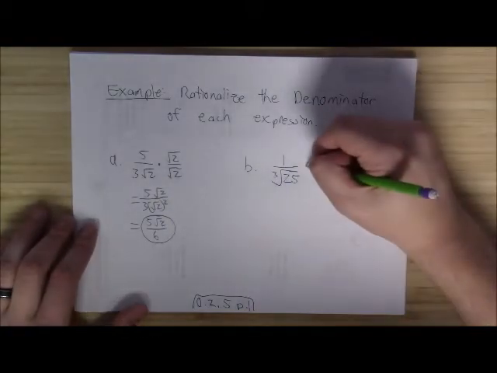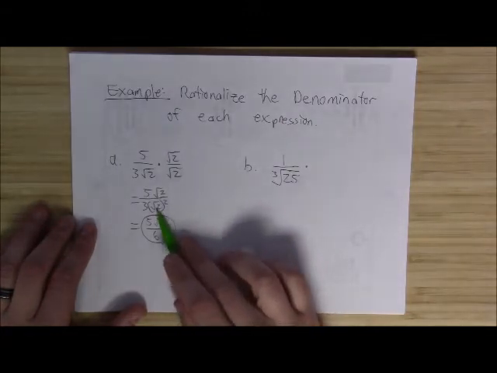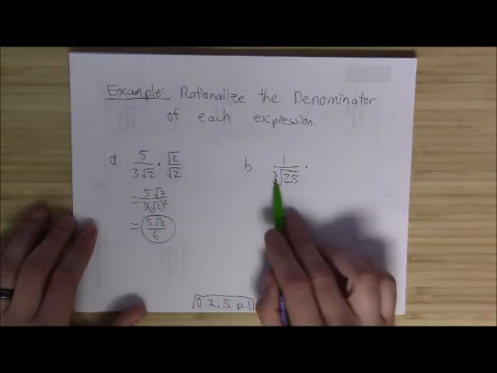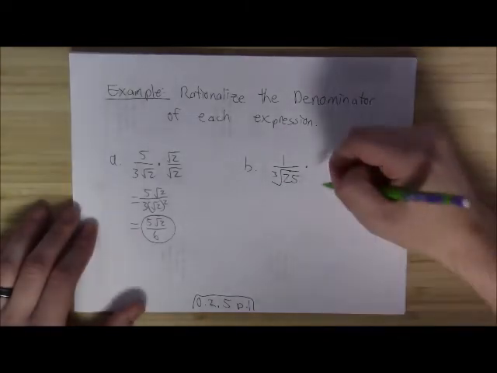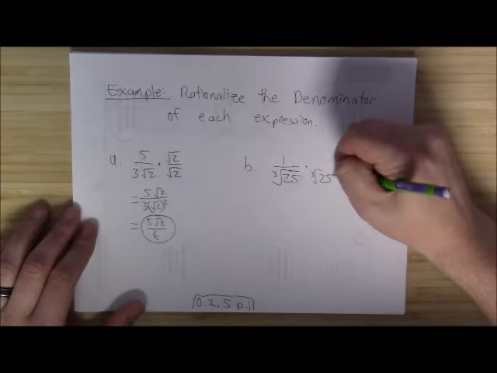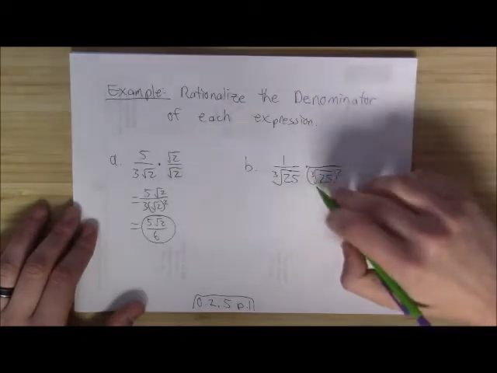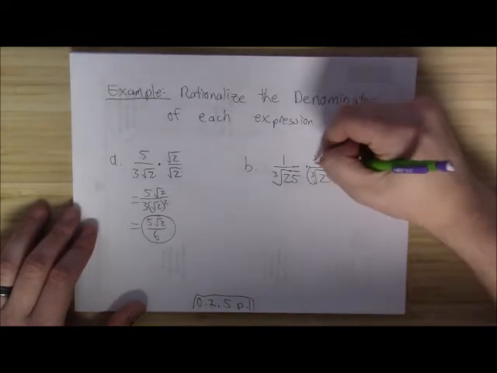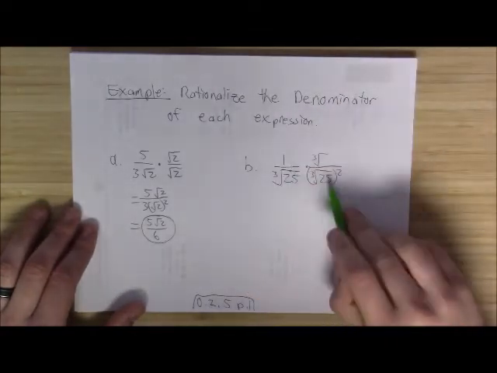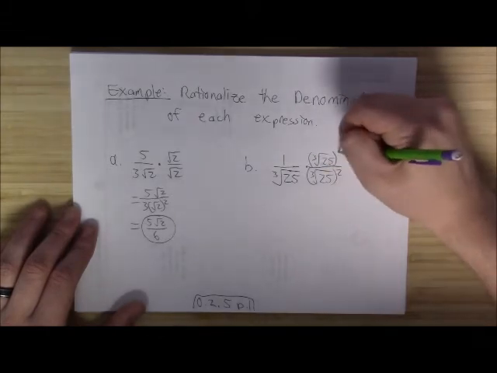In a similar way, in this one, here we multiplied by the square root of 2 because we wanted to square it to cancel out the square root. Here, because we have a cube root, we actually need to multiply by the cube root of 25 squared. Of course, if we do it in the bottom, we have to do it in the top as well, because essentially all we're doing here is multiplying by 1, which we know doesn't change anything.